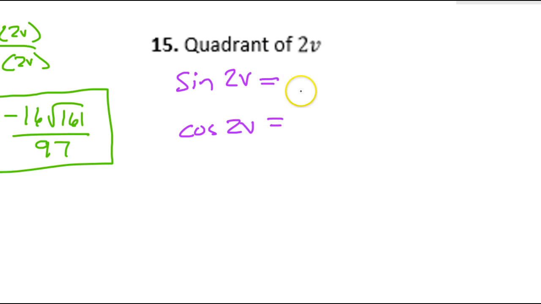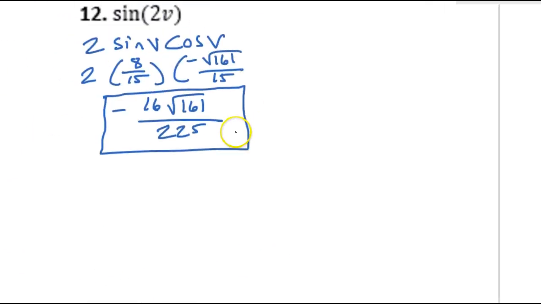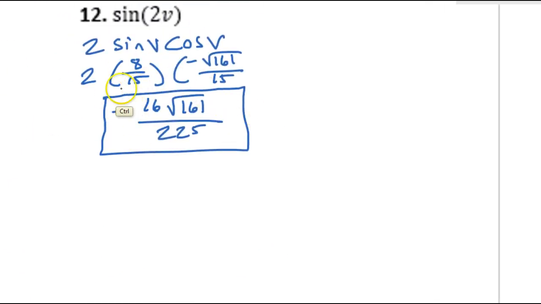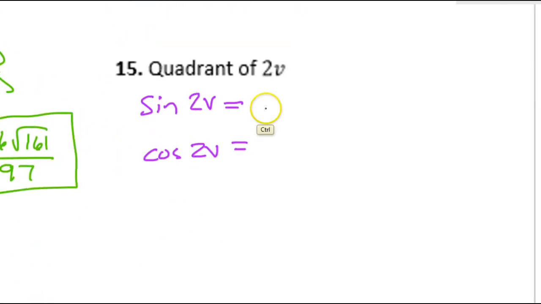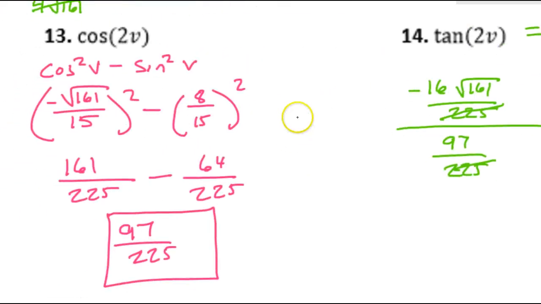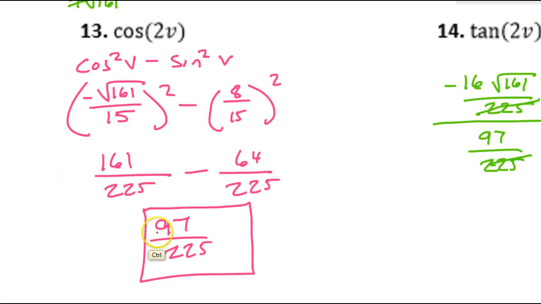That will actually tell you all of the information you need to know the quadrant of 2v. So let's see, the sine of 2v, the only part of this I need to pay attention to is the fact that it is negative. So the sine of 2v is negative, and then the cosine of 2v was positive.